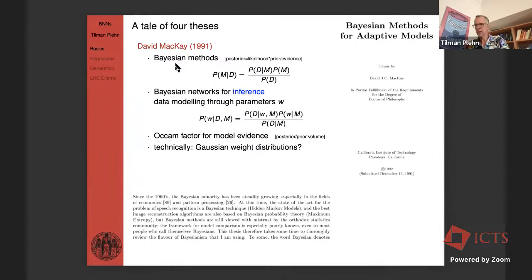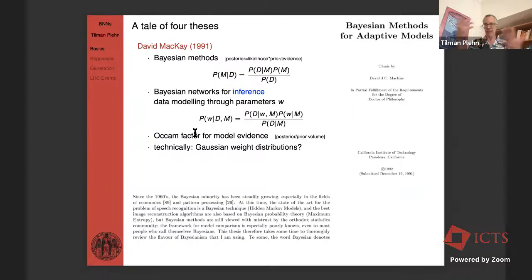So what he was trying to do is use Bayes' theorem and encode the probability, an inference probability of a model being true, into a neural network. So he was trying to construct a weight distribution P of W given the data and the model.